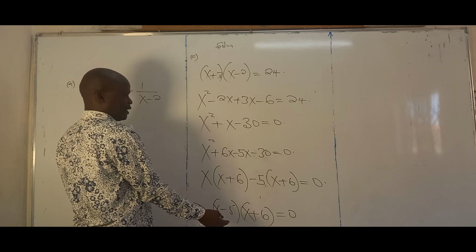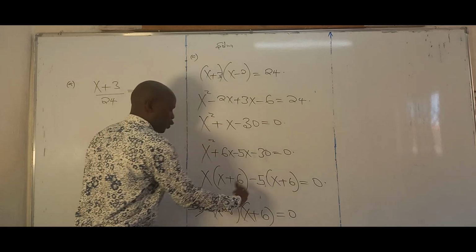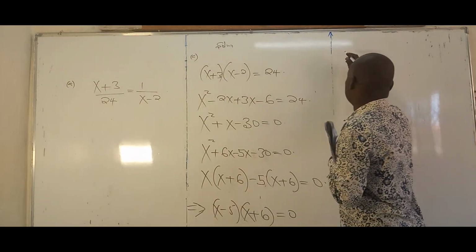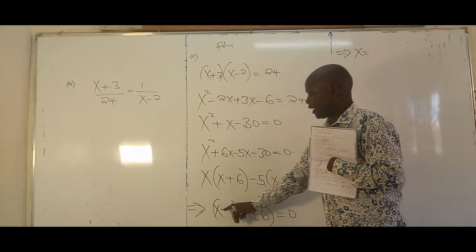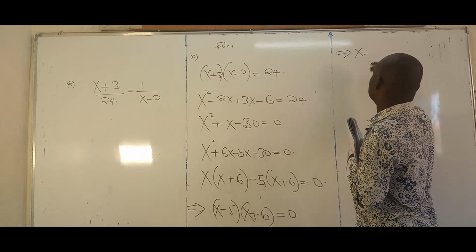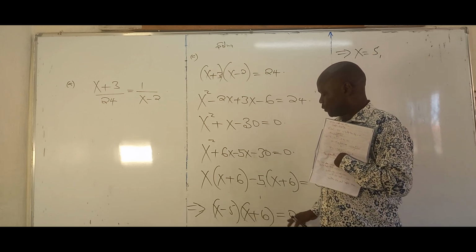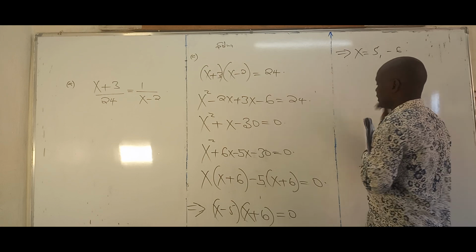So that means that we can either equate the first bracket to 0 or the second bracket to 0. And that will just mean that when we take x minus 5 is equal to 0, then x is 5. And when we take x plus 6 is equal to 0, we take x to be minus 6.